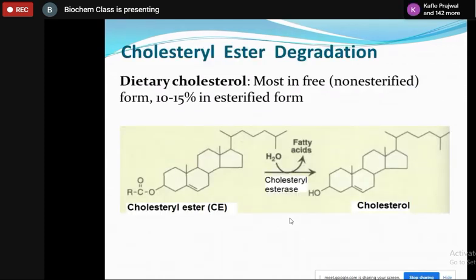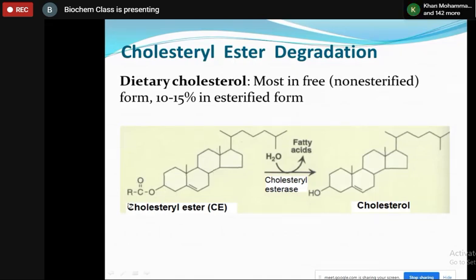Another lipid that is present in our diet is the cholesterol ester. Do you remember what cholesterol esters are? Cholesterol plus one free fatty acid. When one free fatty acid is esterified to position 3 of the cholesterol, you get cholesterol ester.